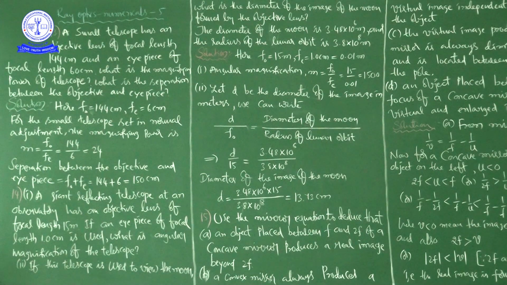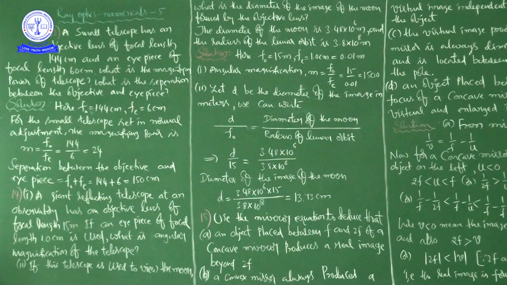See here. First, I will read the problem. You observe carefully and try to imagine what's happening in the problem. A small telescope has an objective lens of focal length 144 centimeters and an eyepiece of focal length 6.0 centimeters.